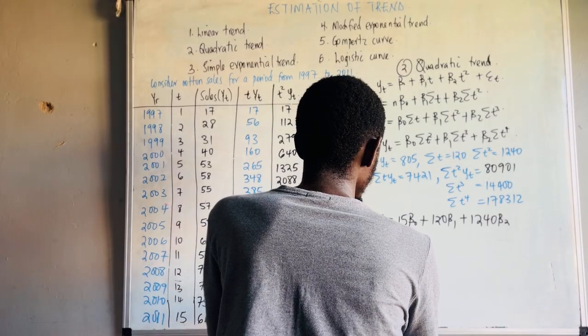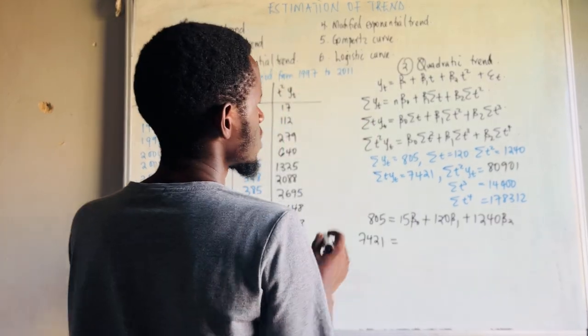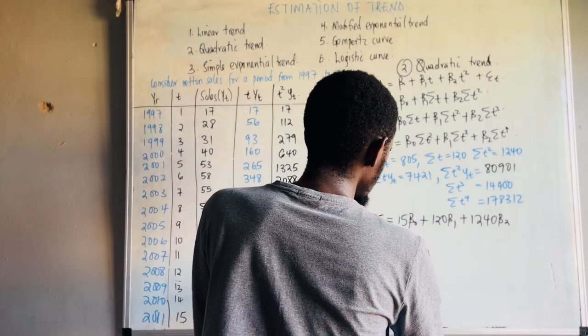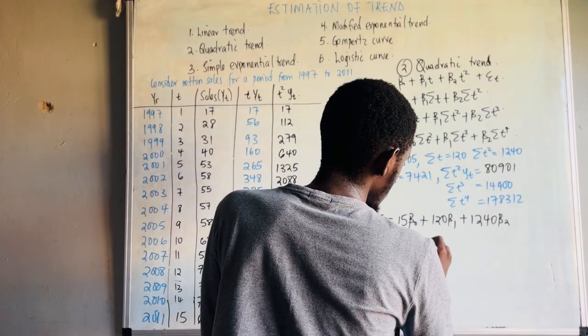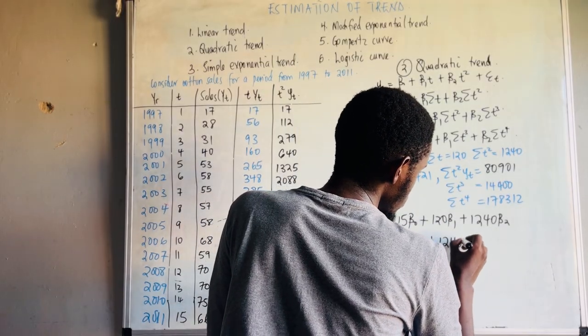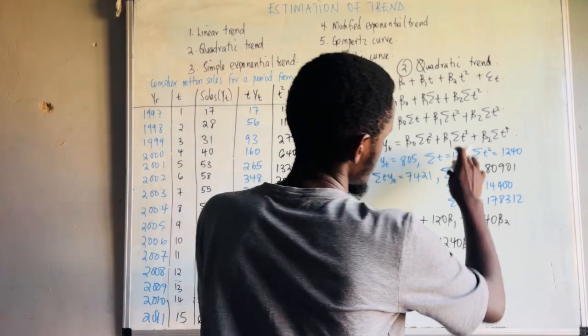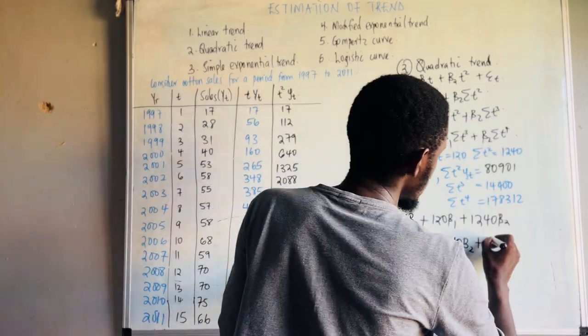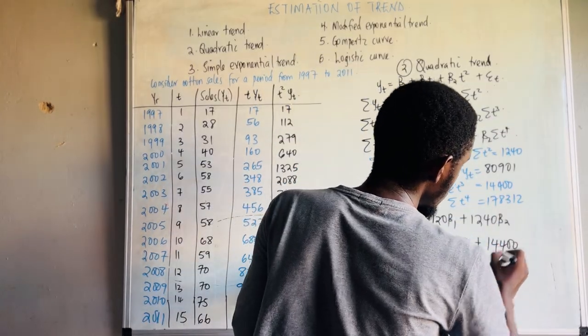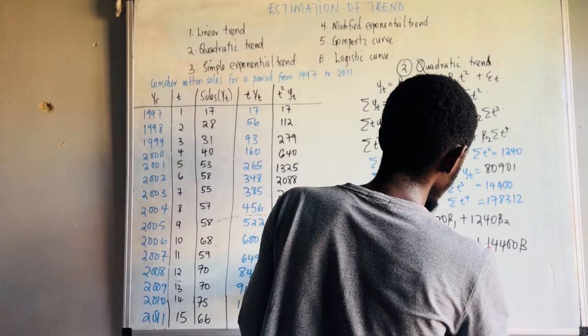Summation of t times yt is going to be 7421 equals 120 beta naught plus beta 2 times summation of t cubed.